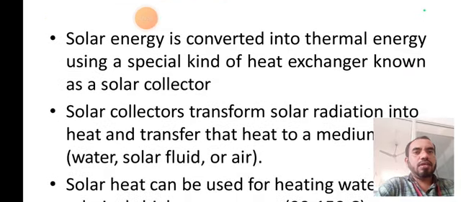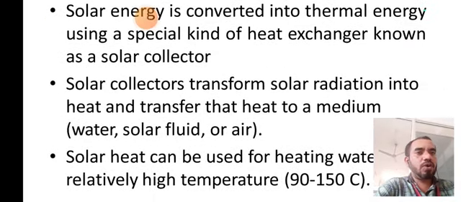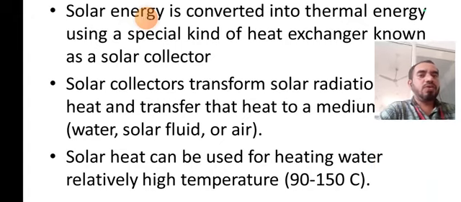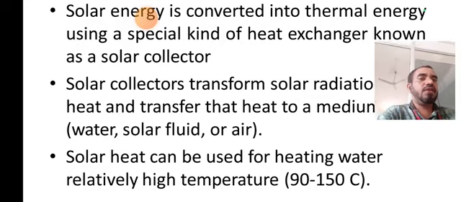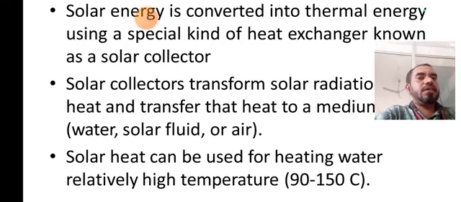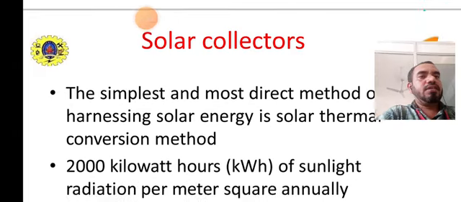The solar collector converts solar radiation into heat or thermal energy and transfers the heat to a medium like water, solar fluid or air. The solar heat can be used for heating water to a relatively high temperature, like 90 to 150 C.